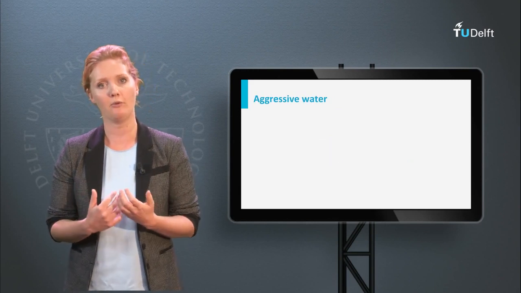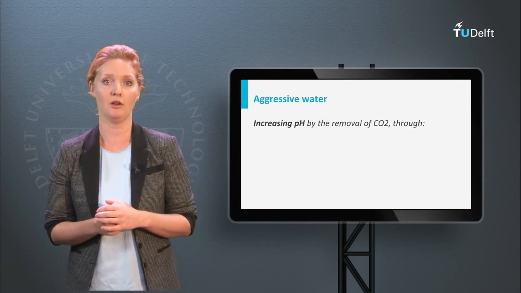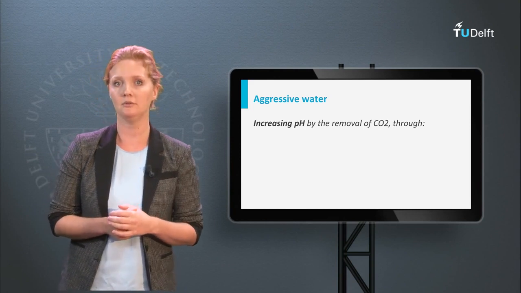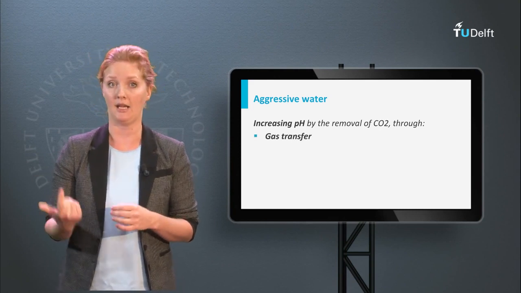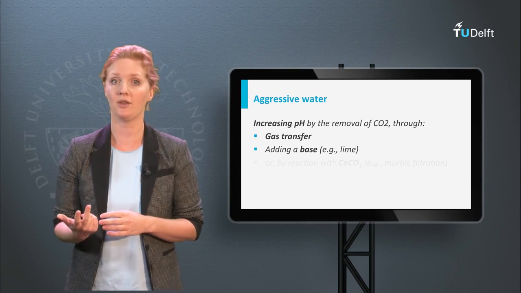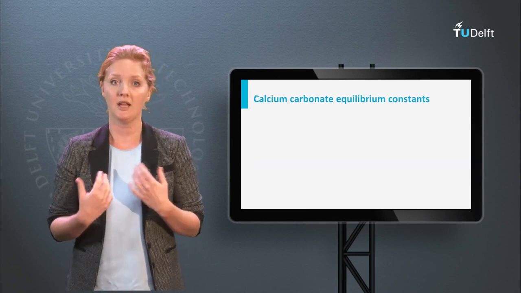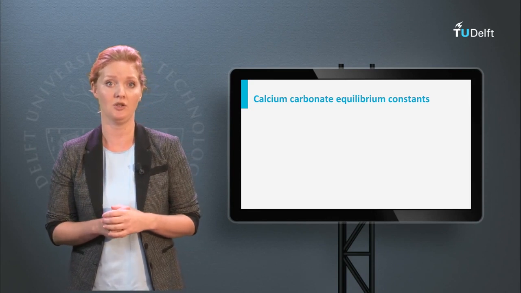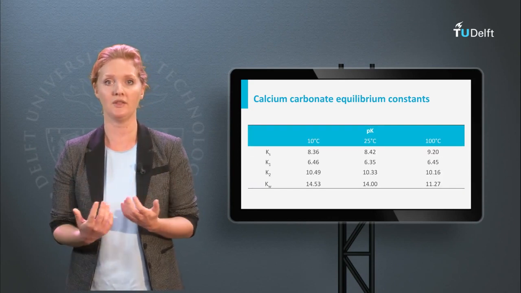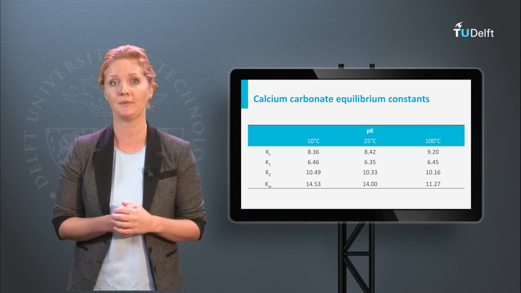The pH of aggressive water can be increased by the removal of CO2, for example, by gas transfer, adding a base, or a reaction with calcium carbonate, for example, during marble filtration. For calcium carbonate equilibrium calculations, you will frequently need constants as depicted in this table.